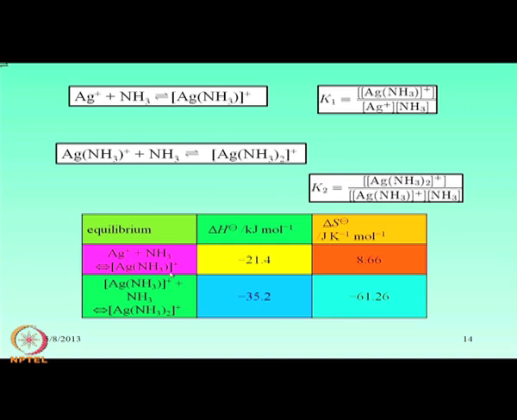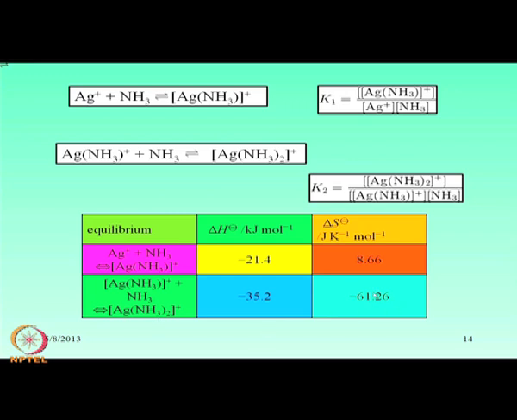So, for the formation of the corresponding silver amine complex with a coordination number of 2, we will find these two contributions, that the enthalpy contributions are favored. That means in both these cases, since the steric crowding is not much, they are favored for the enthalpy contribution, and the entropy contribution is mostly favored in the second step, not in the first step, due to the formation of the silver amine complex with a coordination number of 2.